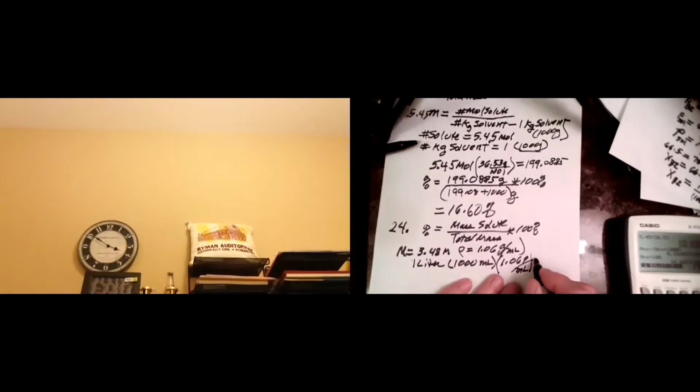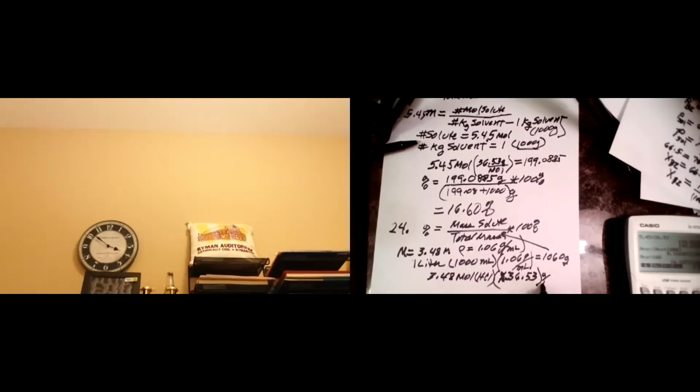And the mass of the total solution, if I multiply by the density, 1.06 grams per milliliter times 1,000, the total mass then is going to be 1060 grams. That's what I'm going to need to go in there.